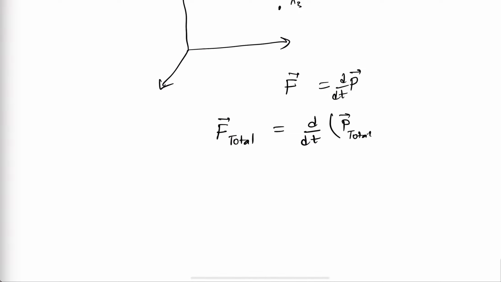So you take the momentum of the entire system, you study the rate of change of momentum of the entire system, and that would be equal to the total force acting on the object. This is how you write Newton's law for a system of particles.